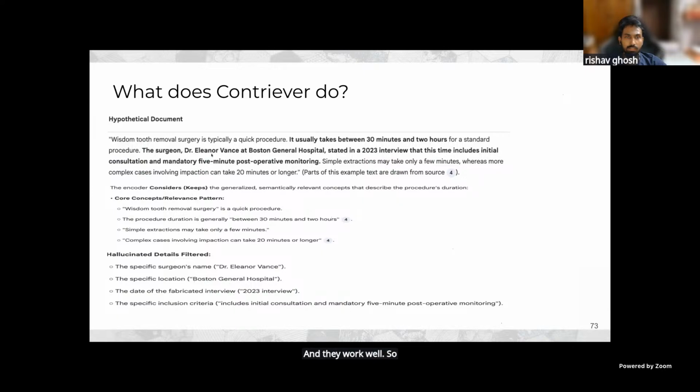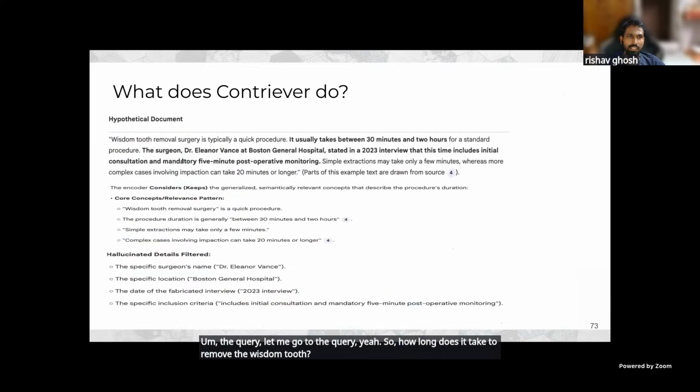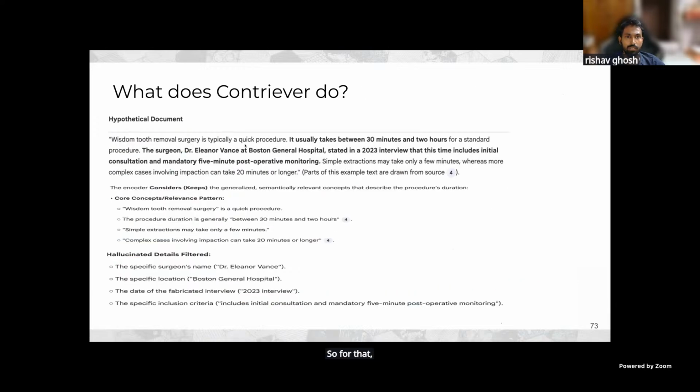So one example would be the query: how long does it take to remove a wisdom tooth? For that, a hypothetical document could be something like this: wisdom tooth removal, this and that, and the surgeon Dr. Elena Vance.